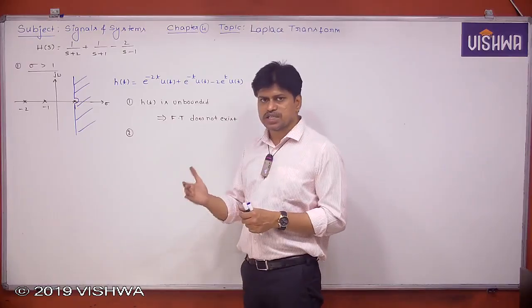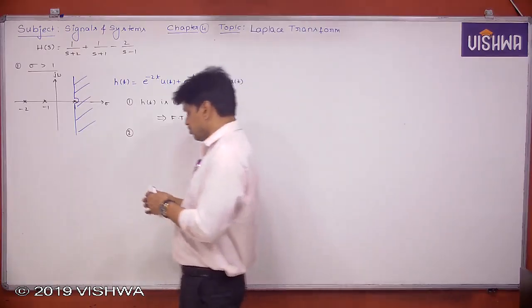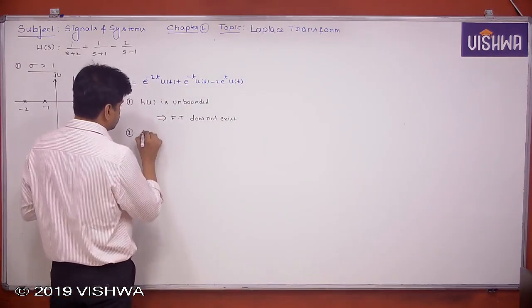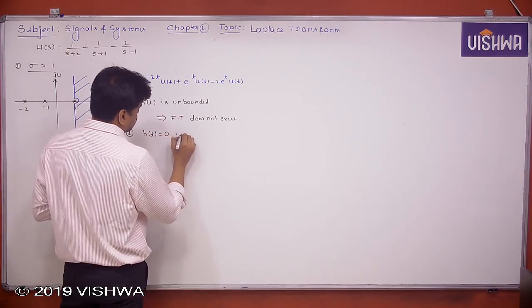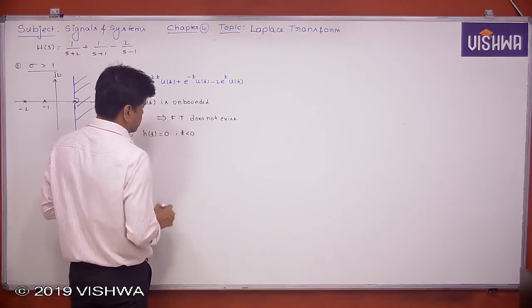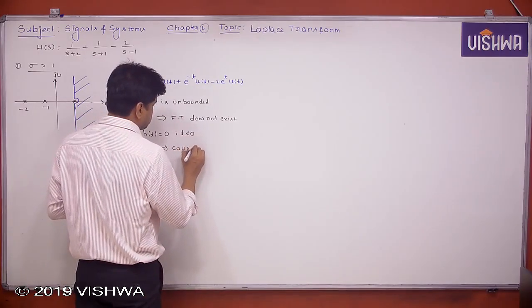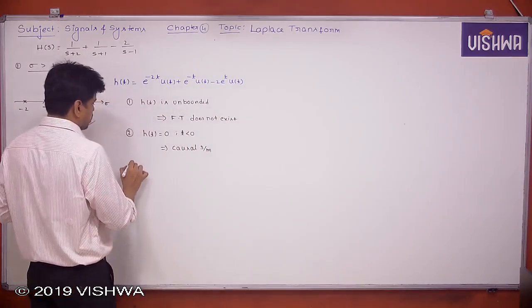That means everything exists from 0 to infinity only. So I can say the impulse response h of t is equal to 0 for t less than 0. That implies the system is a causal system.